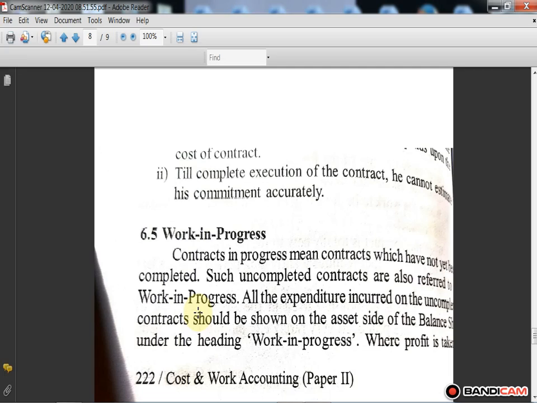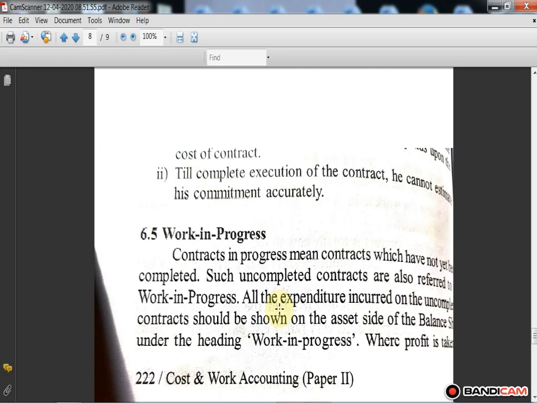All the expenditure incurred on the uncompleted contracts should be shown on the asset side of the balance sheet under the head of work in progress. So remember this: the work in progress is shown on the asset side of the balance sheet under the heading of work in progress.